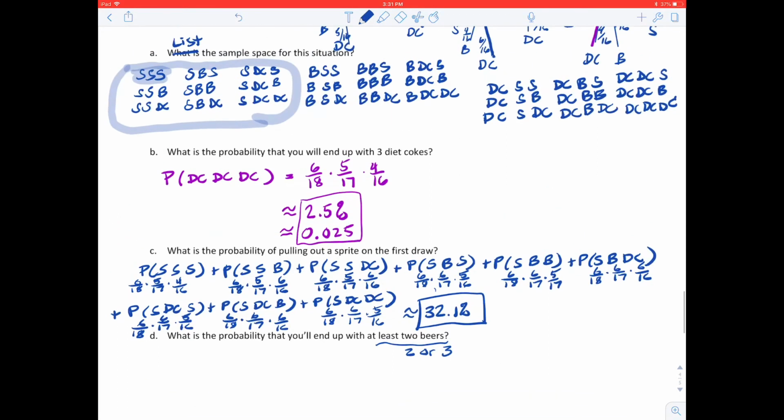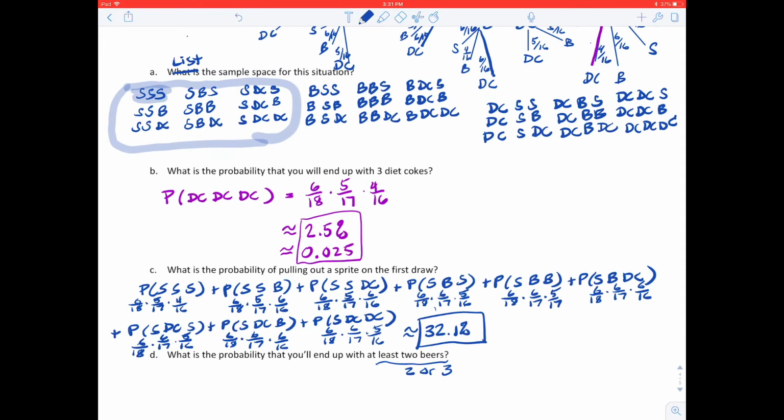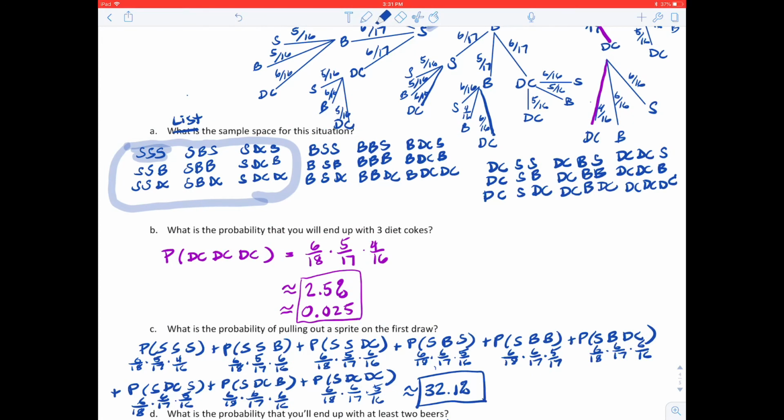So what we need to do is look at all the cases, no pun intended, all of the situations where we have 2 beers or 3 beers. So let's just take a look at, we'll highlight them in this color so we can keep track. So I have 2 beers here.